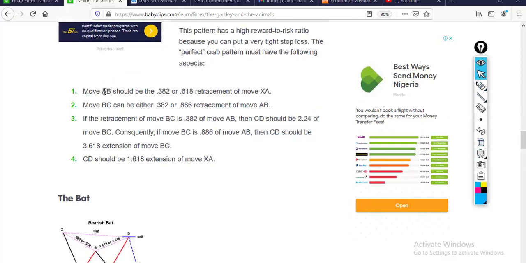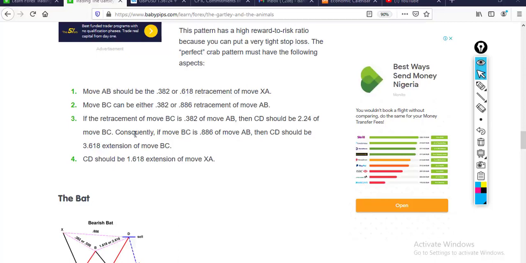Move AB should be the 0.382 or 0.618 retracement of move XA. Move BC can be either 0.382 or 0.886 retracement of move AB. If the retracement of move BC is 0.382 of move AB, then CD should be 2.24 of move BC.